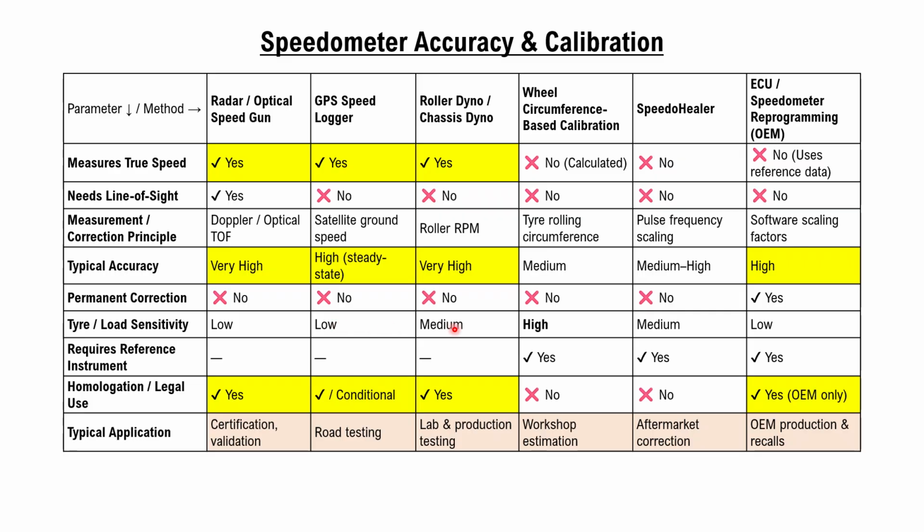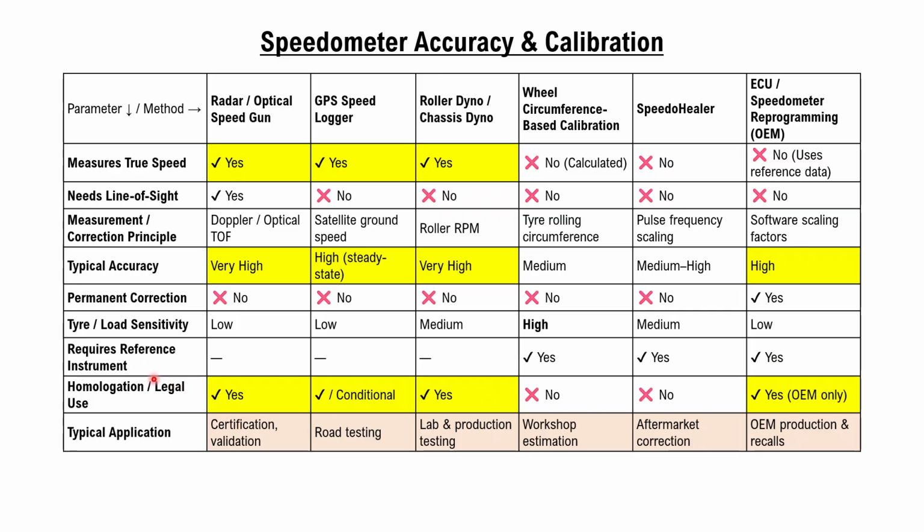Roller dynamometer, low. Wheel circumference, high. Speedo Healer, medium. And ECU, low. It requires reference instruments in case of wheel circumference method, Speedo Healer, and ECU.